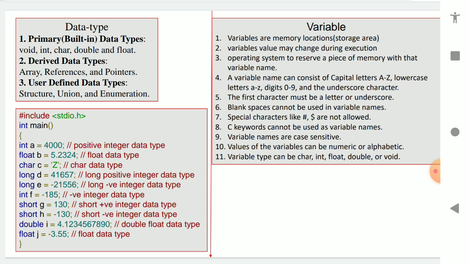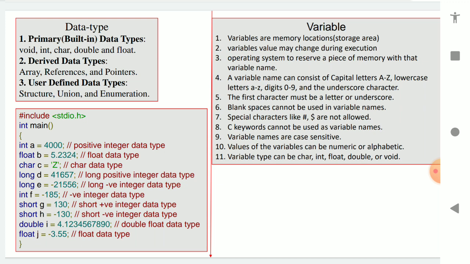Variables. In the C programming language, variables are memory locations, a stored area. Second, a variable's value may change during execution. Third, the operating system reserves a piece of memory with that variable name.